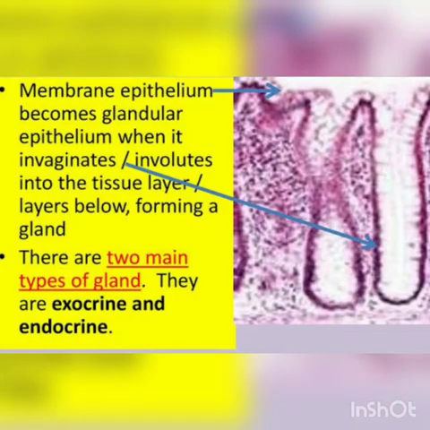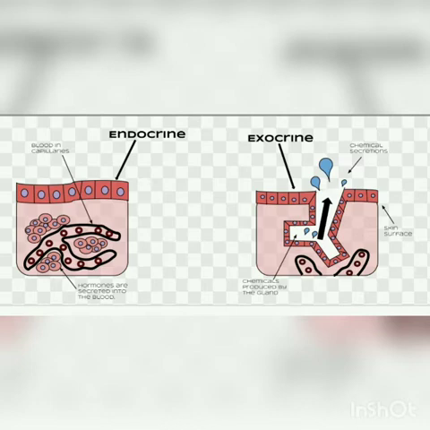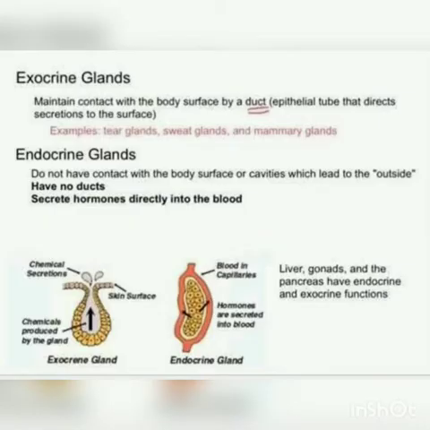On the basis of the mode of pouring the secretion, these glands are divided into two categories. One is exocrine, another one is the endocrine glands. What is exocrine gland? Exocrine gland secretes mucus, saliva, earwax, oil, milk, digestive enzymes, and other cell products.